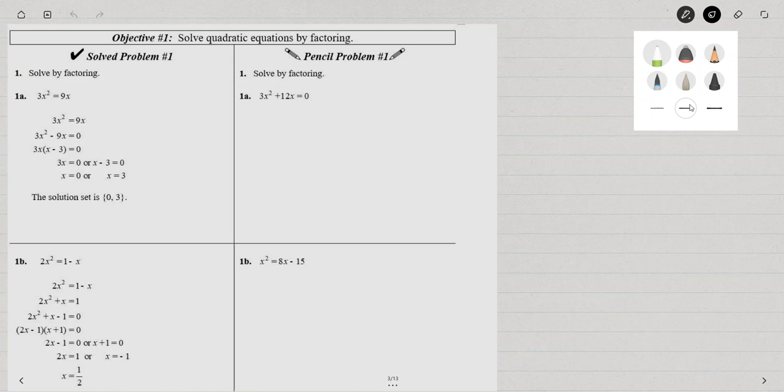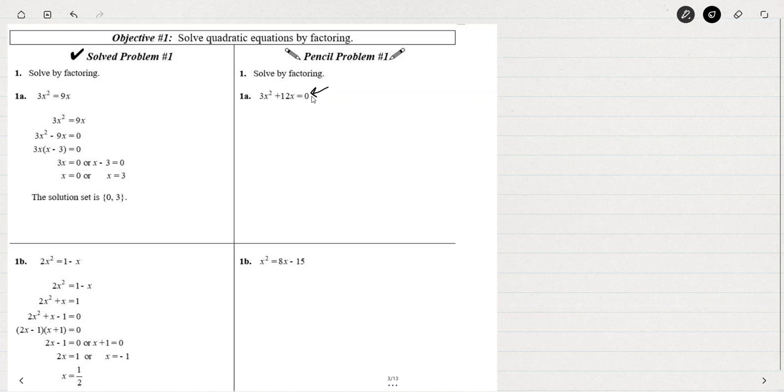Let's look at solving by factoring. For this first example, what we've got to do first is make sure it's set to 0. And this one is, in fact, set to 0. So now we're going to factor the 3x squared plus 12x. You might look at that and think, oh, I don't remember how to factor that, because it's not 3 pieces, it's only 2.